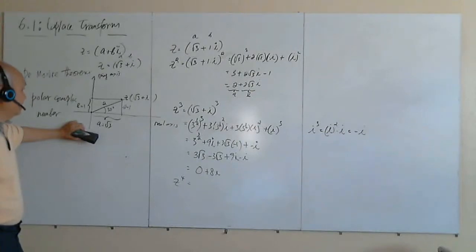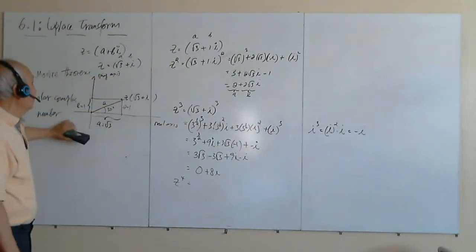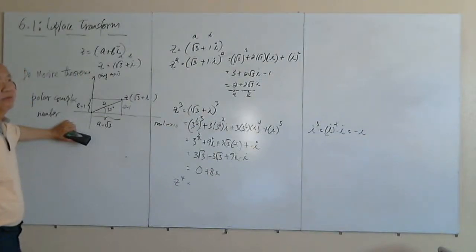Right. So instead of representing z here with the square root of 3 and 1, I am choosing to represent z in terms of what we call a trigonometric expression.